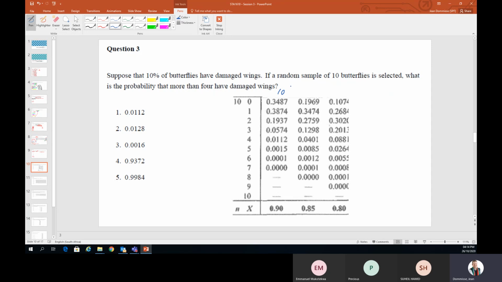So if the bottom is 90%, from the top it is 10%. If at the bottom is 0.85, so let's write it in. That is 0.1. So that will be 0.15. And that is 0.2. So you will always see that the top and the bottom will add to 1.